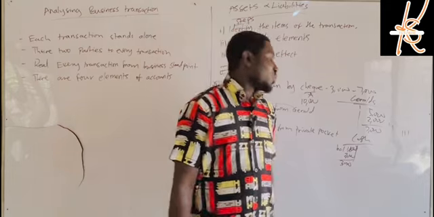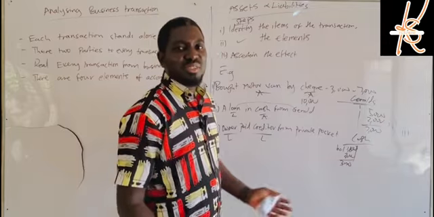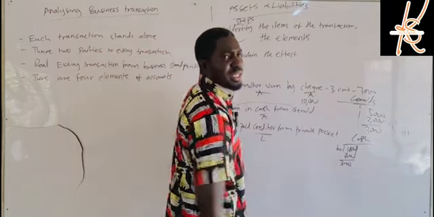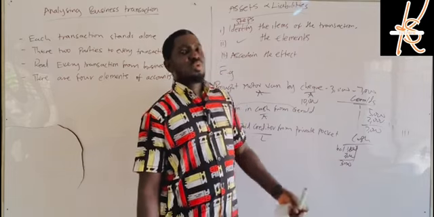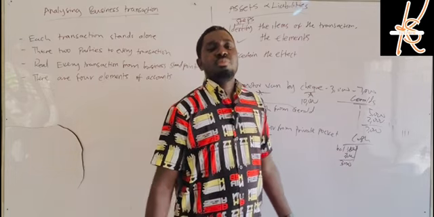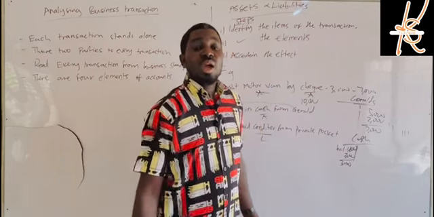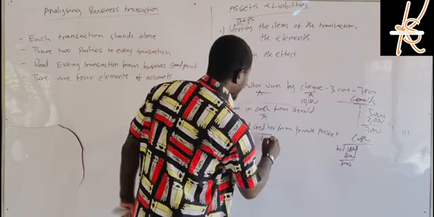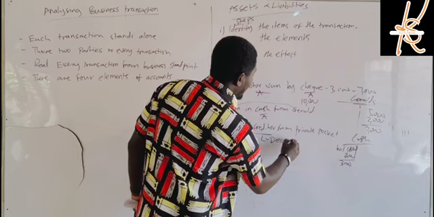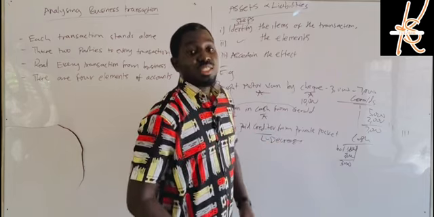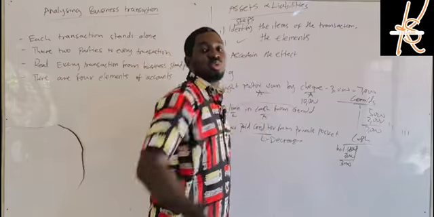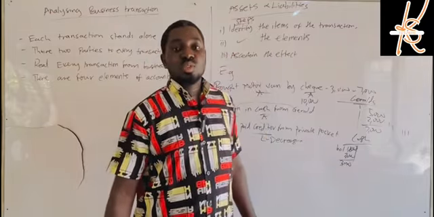Okay, so now which one is increasing and which one is decreasing? Now we're going to pay the creditor an amount. So if we were owing the creditor, let's say, 5,000 and then we pay 2,000, it means now we are owing the person 3,000. It has reduced. So this one is a decrease. The creditor's has decreased. Now the proprietor has also added more to any amount he started the business with.